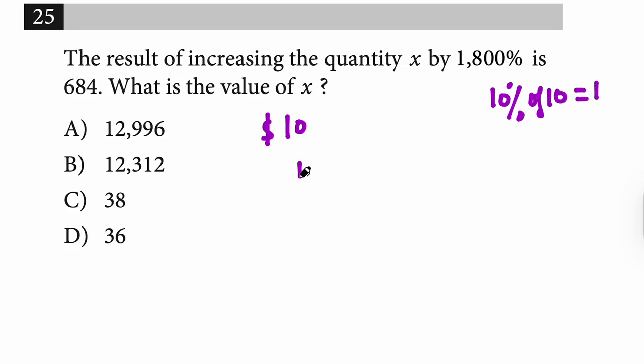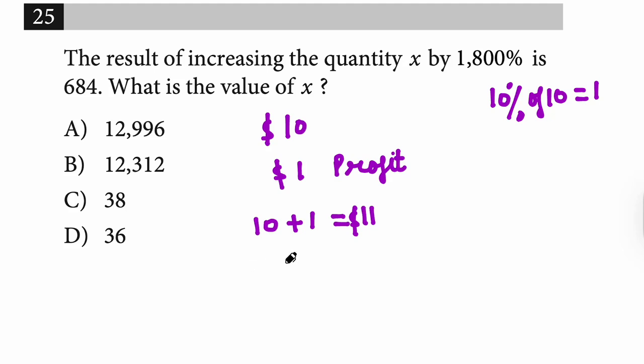So he wants $1 profit from this game. So for how much should he sell it? $10, his cost, plus $1. That means he has to sell it at $11 to get 10% profit.